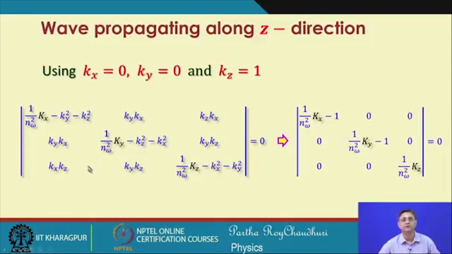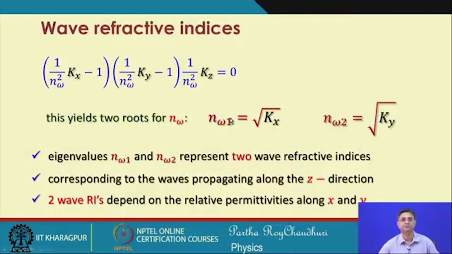So, all 6 off diagonal terms will be equal to 0. So, you have a determinant now for this case, that is the case of the wave propagating along the z direction, which will look like this, where the off diagonal elements of the determinant are put equal to 0.